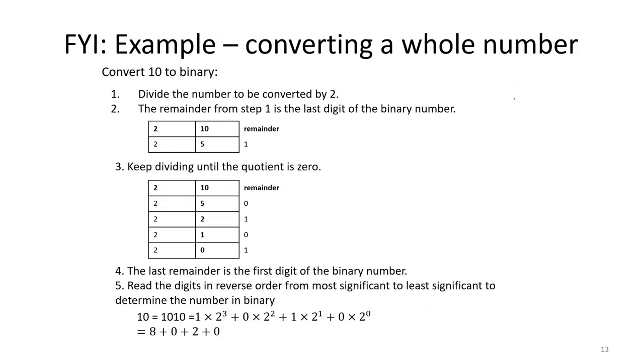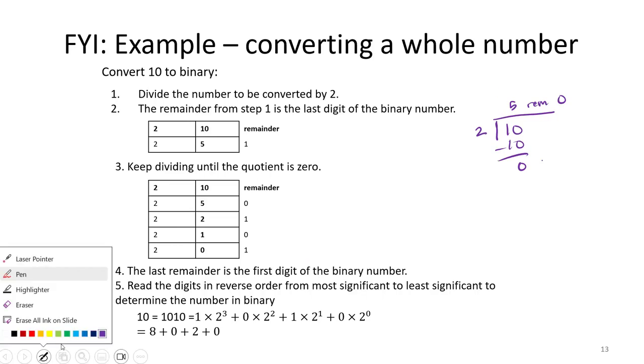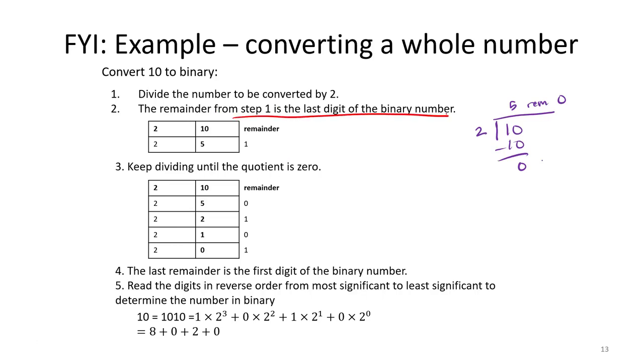So let's go ahead and do an example converting 10 to binary. Essentially what you can do is follow an example like here where you draw it in tables, or you can just divide. So if I have my number 10 and I want to divide by 2, 10 divided by 2 is 5. And then the remainder is 0. So the remainder from step 1 will be the last digit of my binary number.